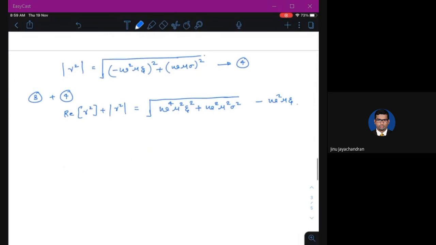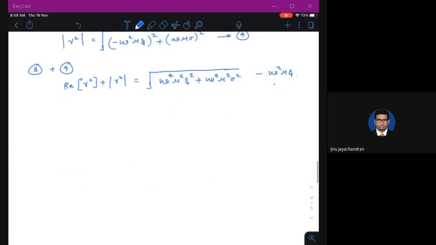Fine. Now I am going to do a little bit of approximations and manipulations. Let's call this equation number 5.